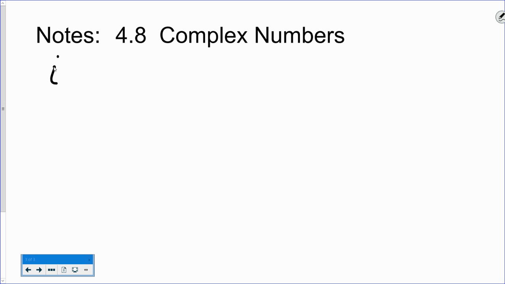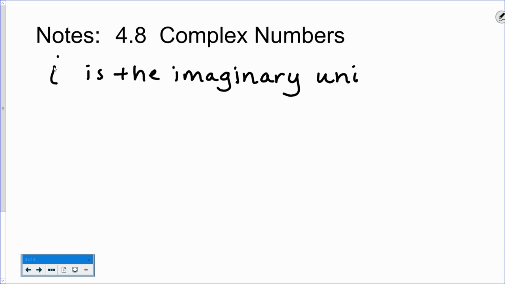So that's an i. I make it a little italicized, as a font. That's usually how it's written, and you'll see it in a book or in your MathXL. But i is the imaginary unit, and what i is going to represent is the square root of -1.